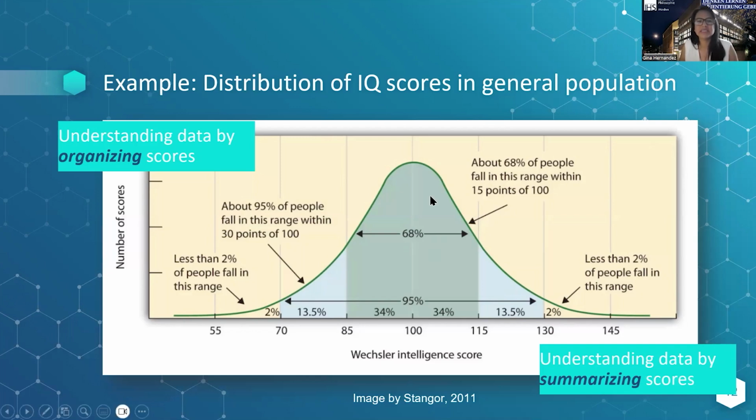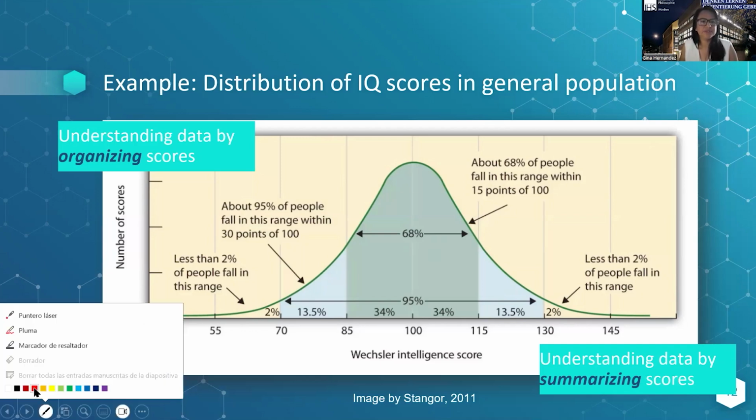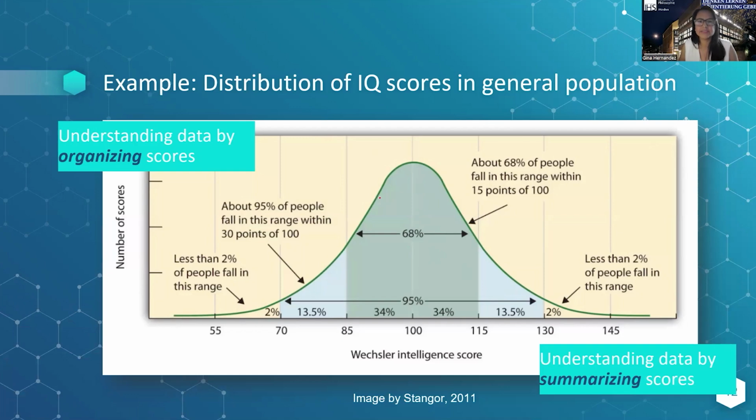As you can see here, it's very interesting how you have the mean of the population in this graph, and then you have one standard deviation to the left and one standard deviation to the right. Within one standard deviation, you have almost 70% of the data.